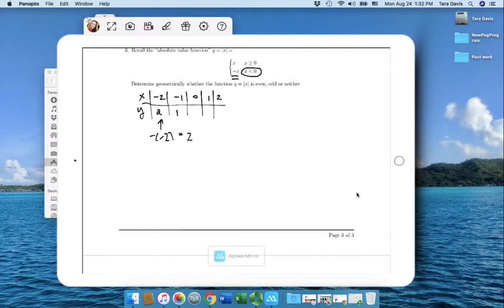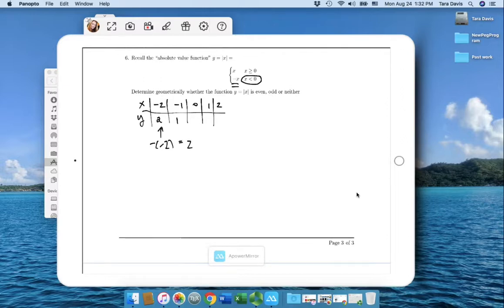Next, when x equals 0, that means we've switched so that we're in this situation. X is greater than or equal to 0, so I'm going to plug into x. So 0 comes in, 0 comes out. Similarly, when x equals 1, 1 is greater than or equal to 0, so I have 1. And then for 2, I have 2.